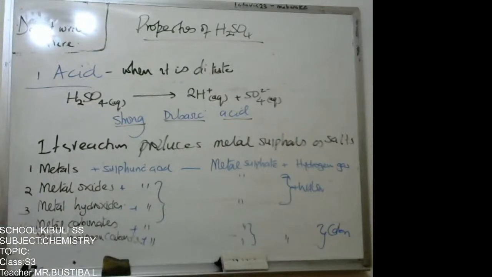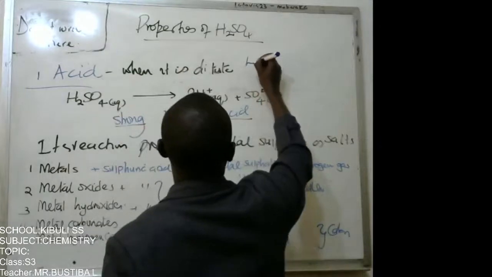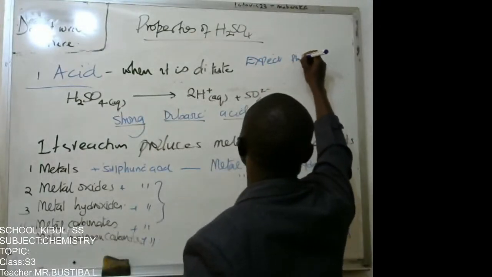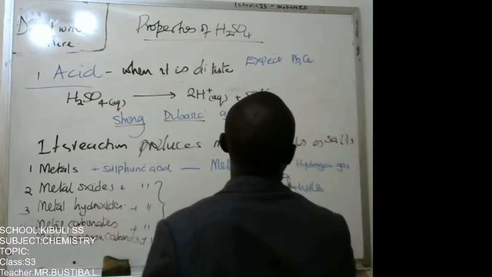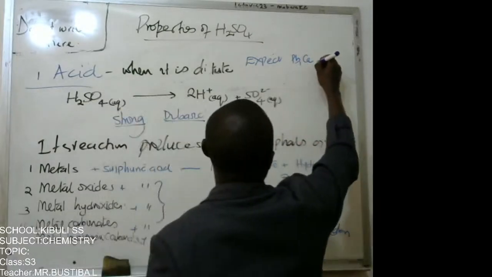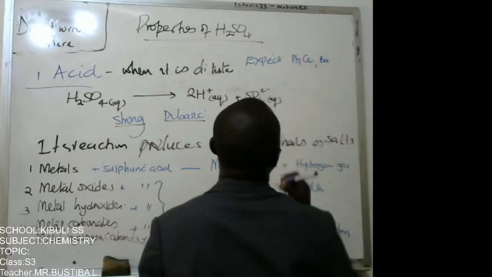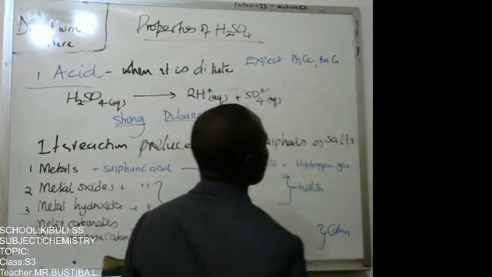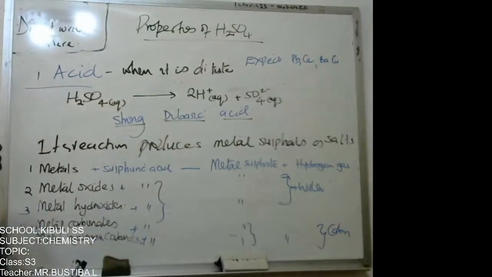Now, does it mean every metal oxide, every metal hydroxide, every metal carbonate reacts with sulfuric acid? No. Except which metals? Except lead and calcium, and maybe barium. All other metals will react. And maybe copper.